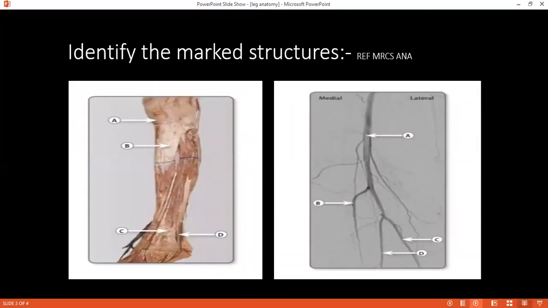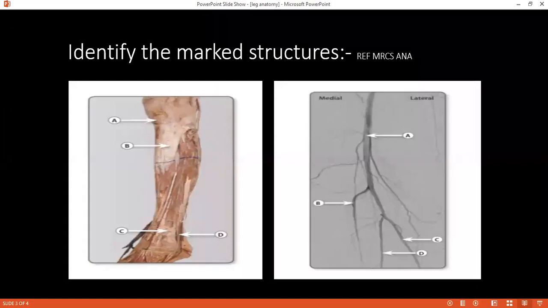Okay. What is the normal intra-compartmental pressure? How do you measure intra-compartmental pressure? Transcutaneous pressure measurement devices. Okay. Can you please identify the structures in the right image?